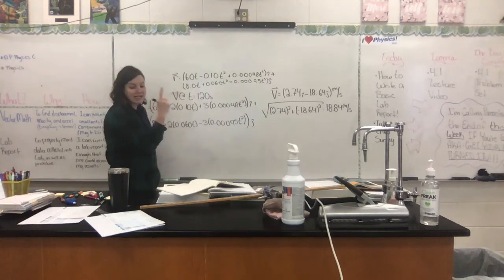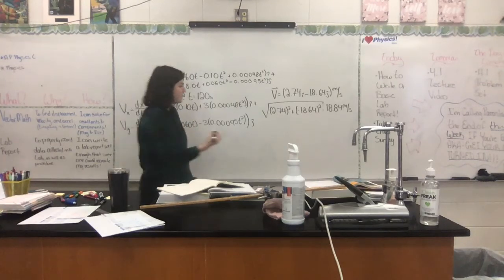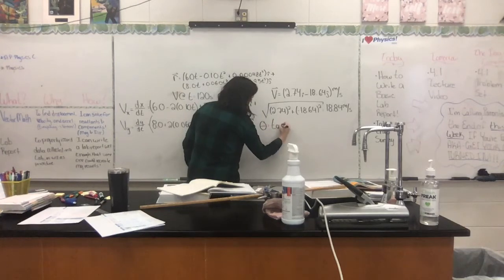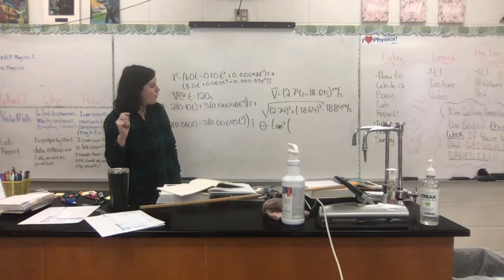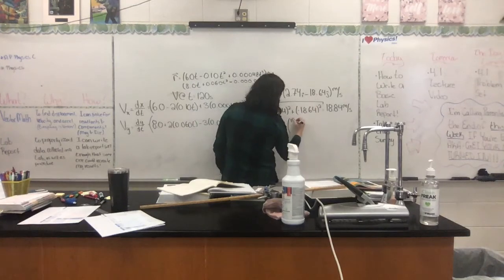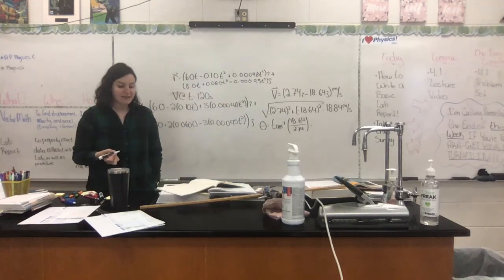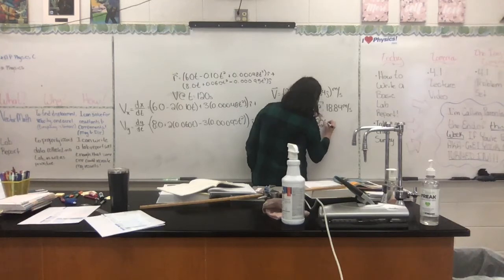So we need speed and direction, okay? So remember, how we find that is we say that theta is equal to the inverse tangent of y over x. And remember, when we're doing this, we're always going to use the absolute values of the numbers. So 18.64 over 2.74, all right? That should give you an angle of 82 degrees.